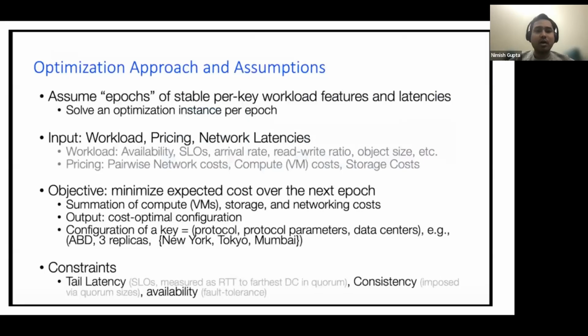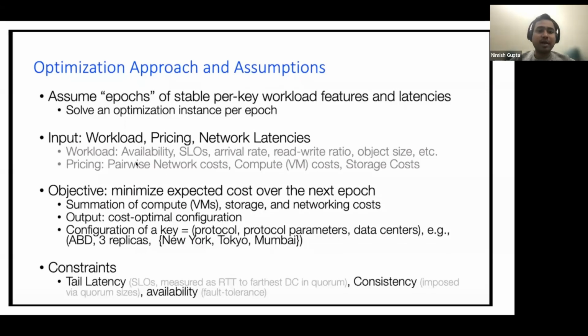Coming to the optimization, there is this concept of an epoch, which is a period of time for which the workload features are stable, and as a result, latencies are stable. So the solver solves for an optimized configuration for an epoch. The inputs to this optimization problem are workload characteristics, pricing information, and network latencies.